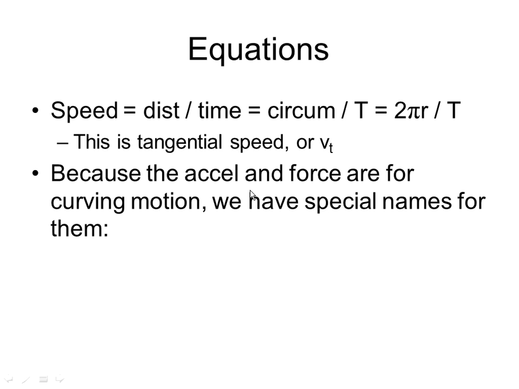Because the acceleration and force are for curving motion or circular motion, we have special names for them. We've already said something about the word tangential, and we defined that last time: a line that is tangential to a curve will just touch that curve once.